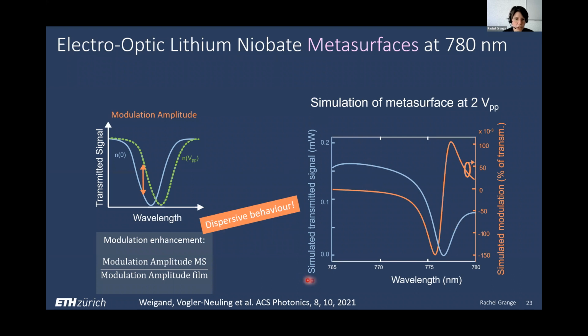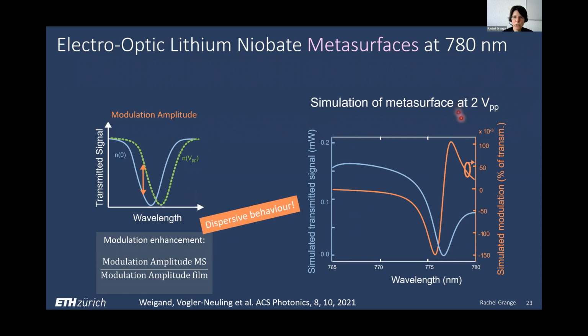So here you see the simulation. This is the transmitted signal, which has a dip at 776 nanometers, and the simulated modulation signal that is working best at this steep derivative of the simulated transmitted signal, where we'll be able to do this dispersive behavior.